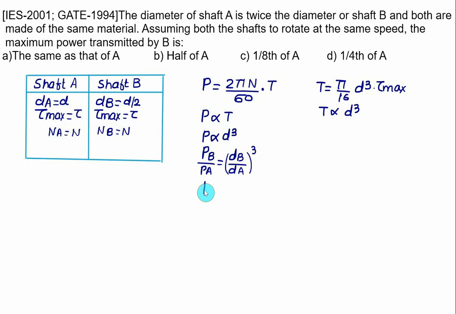In this case, dB is d by 2 and dA is equal to d. So this is 1 by 2 cubed multiplied by power of A. So power developed by B will be equal to 1/8 of the power of A. Choice C is correct, 1/8 of A.